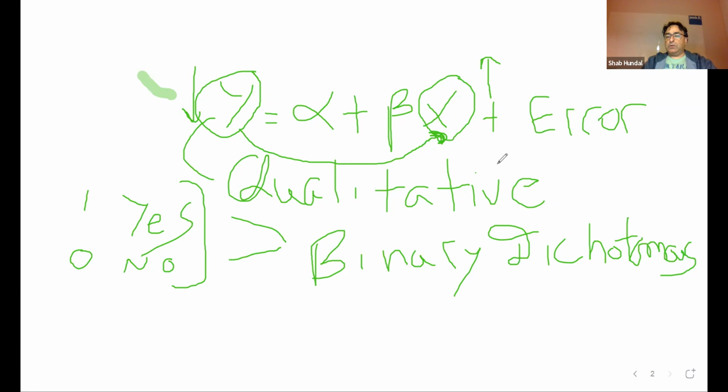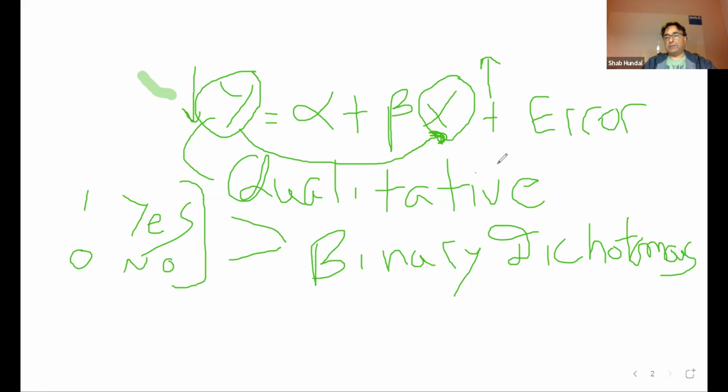This binary, dichotomous variable technique we only use if your dependent variable is a binary variable. For example, if I measure the company's innovativeness by the R&D expenses to sales revenue ratio, then I will not use the binary regression model.